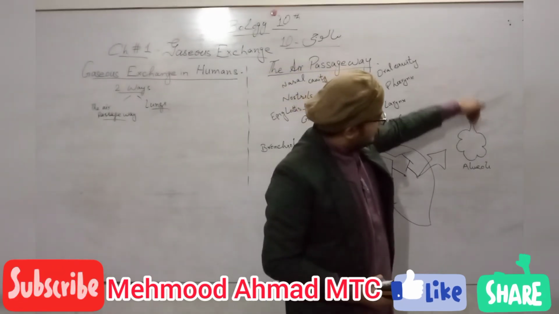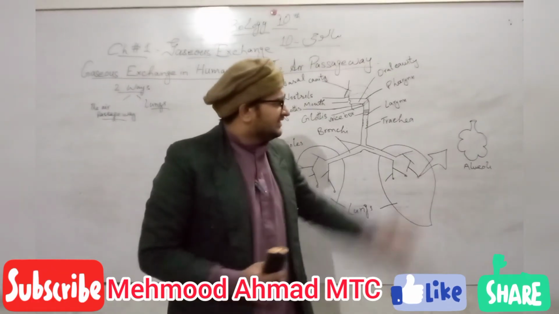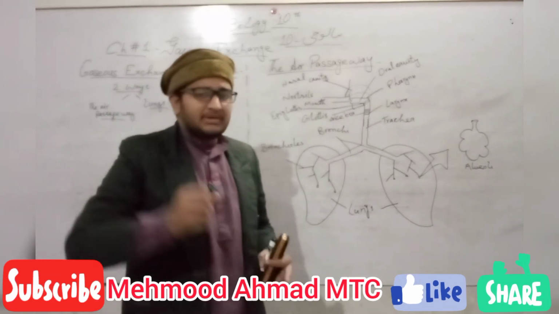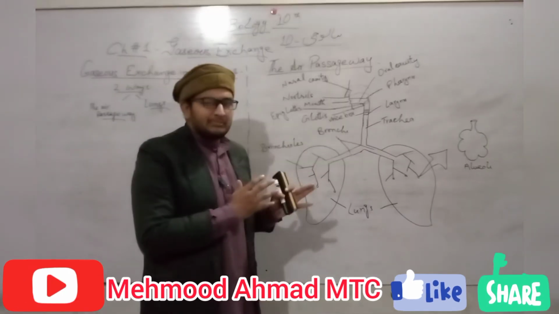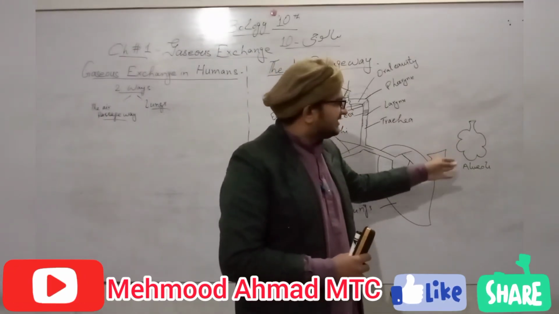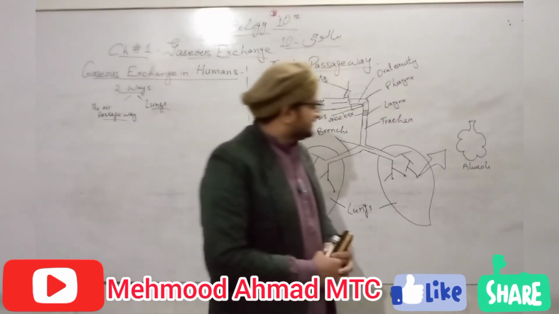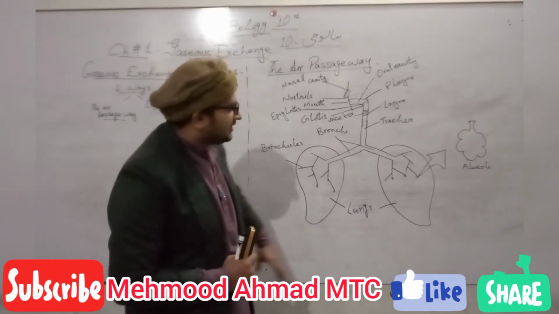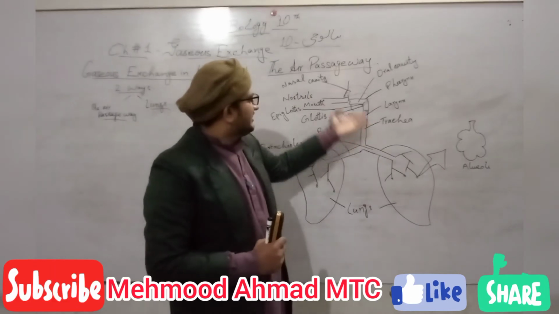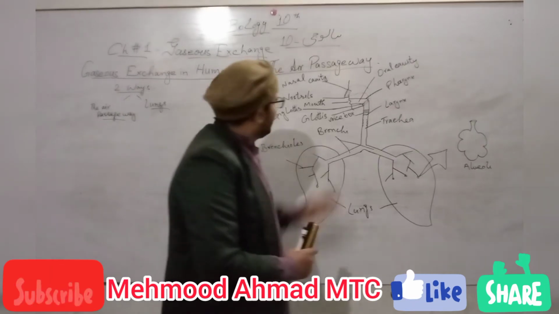When air enters, the pressure rises, and the carbon dioxide present in the blood capillaries moves from the blood capillaries to the alveoli, and the oxygen present in the air in the alveoli moves to the blood capillaries. Then the deoxygenated air goes out again from the same direction. So I hope you understood this passageway from the nasal cavity.